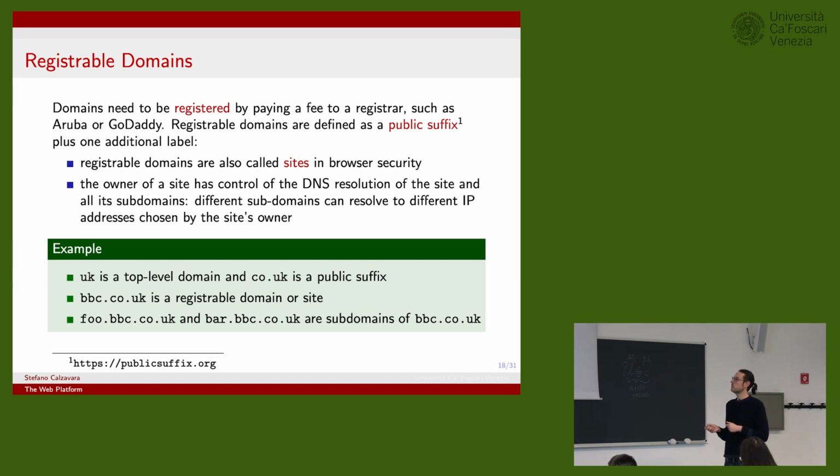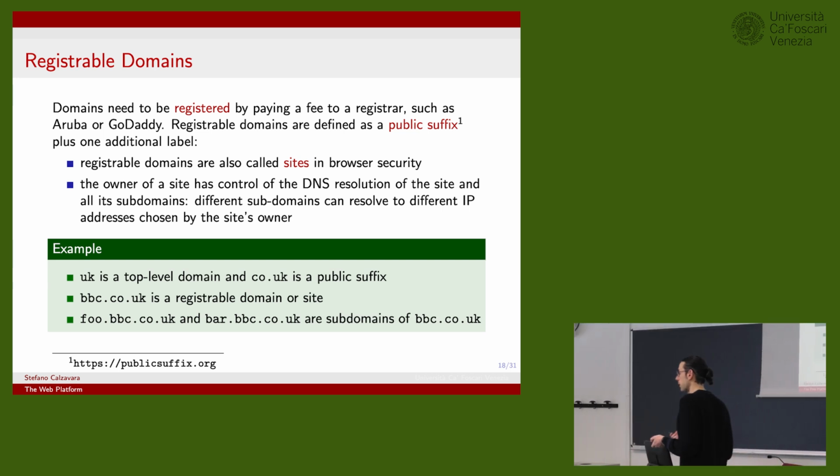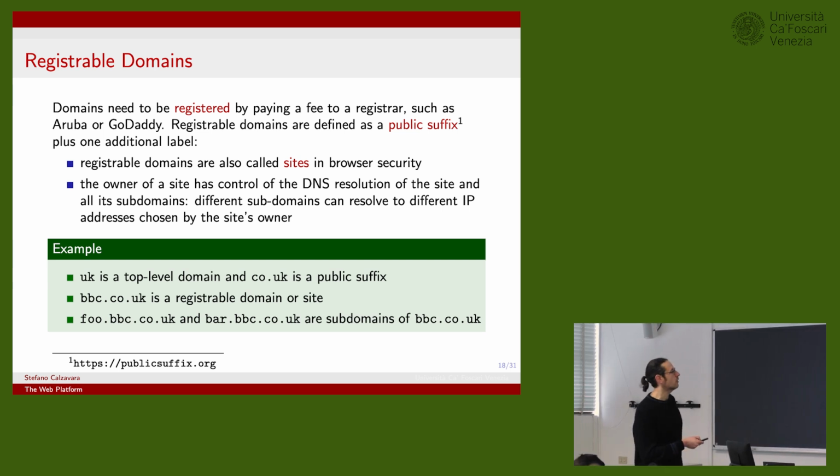If you think about UK websites, up to a few years ago, you could not register any domain under .uk. Now you can, but up to 2014, if you wanted to host some website based in UK, you were forced to register that over co.uk. So you could not place any domain such as bbc.uk, but you could register bbc.co.uk.